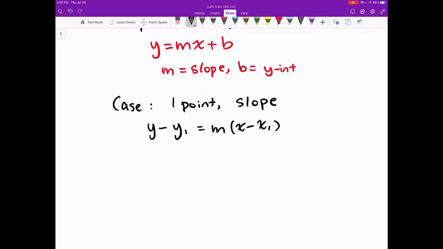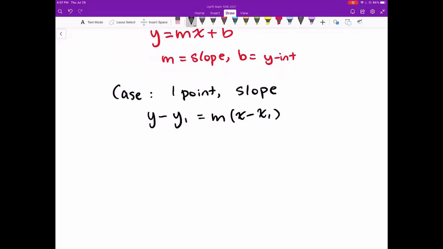When you have a point x1, y1, and you have m, you substitute x1, y1, and m back into this equation, and you would ultimately end up with another equation.